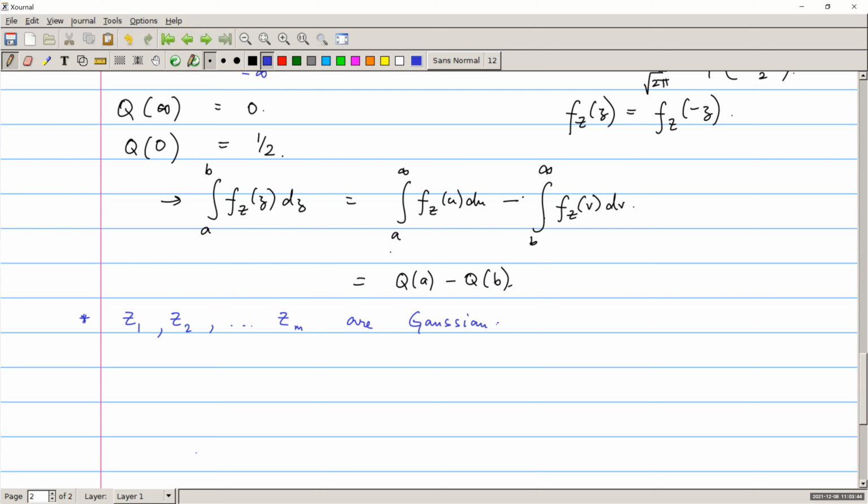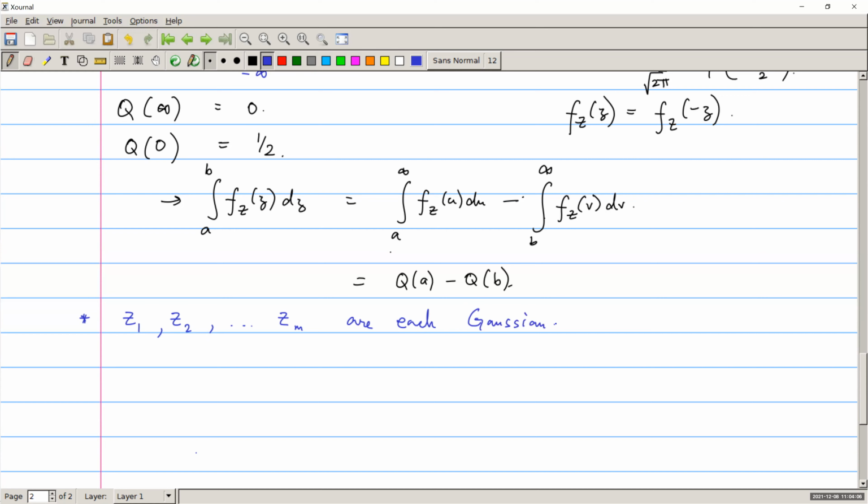Okay, now it is possible, so now we are asking something about the joint distribution too. So each of Z1 through Zm is a Gaussian random variable.